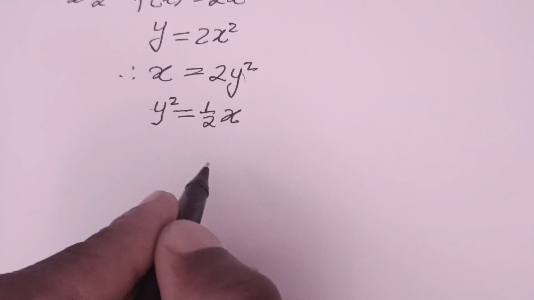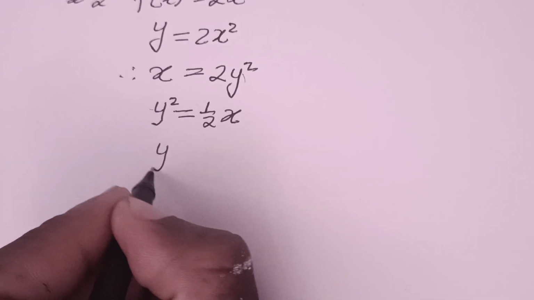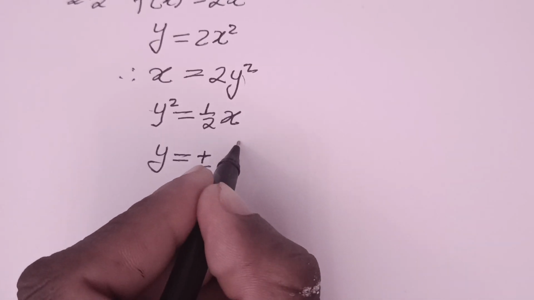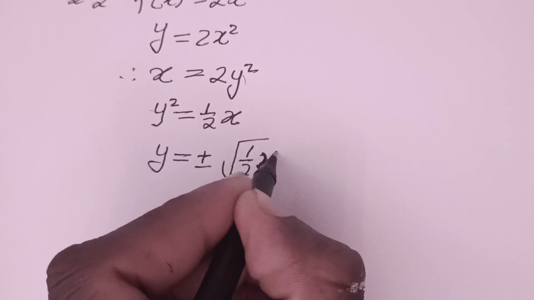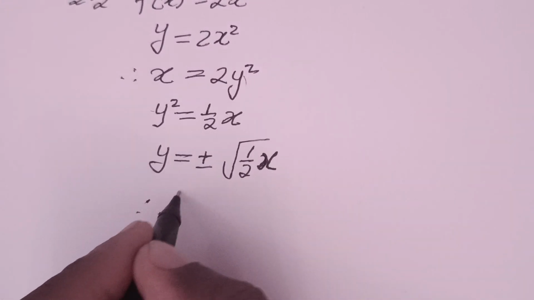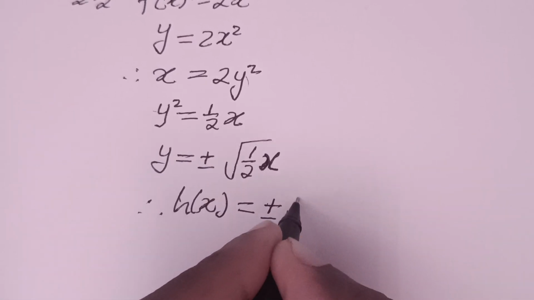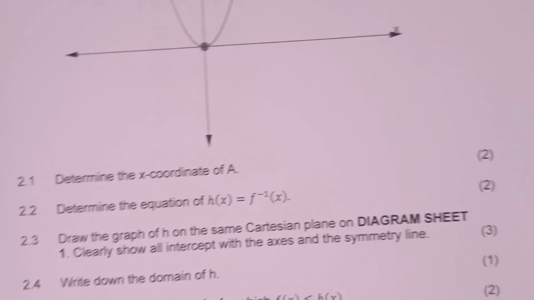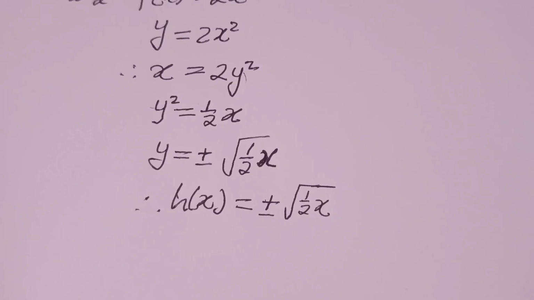Then when we put a square root on both sides, y is equal to plus minus the square root of 1 over 2x, which is the f inverse. Since this is f inverse, it is equal to the function h, because the function h is f inverse. And that is the answer for 2.2.